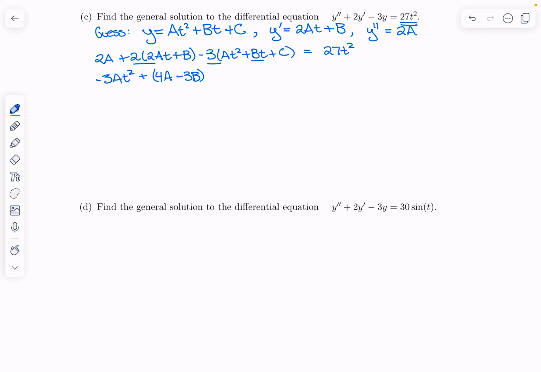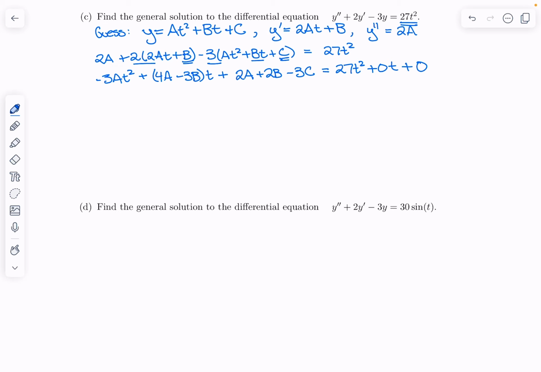All that's going to get multiplied by t. And then the constant terms that are left are 2a, and then looking here, 2b, and then looking here, minus 3c. Now that's supposed to equal 27t squared plus 0t plus 0, because there are no t terms and there are no constant terms.